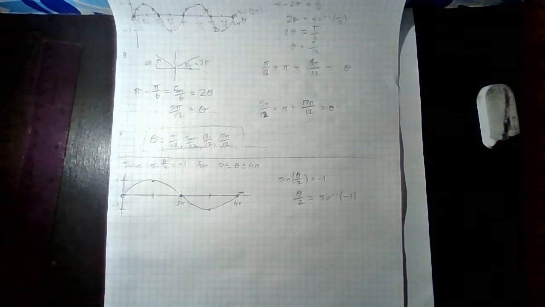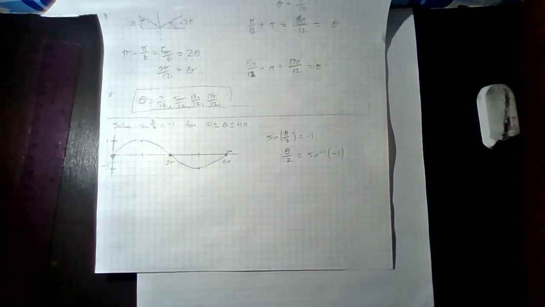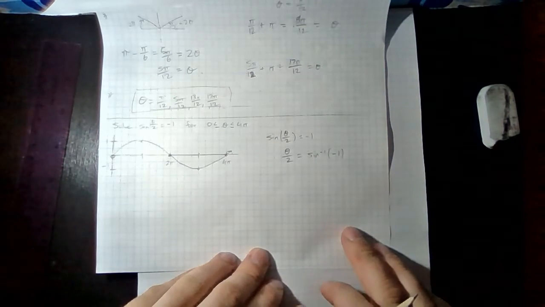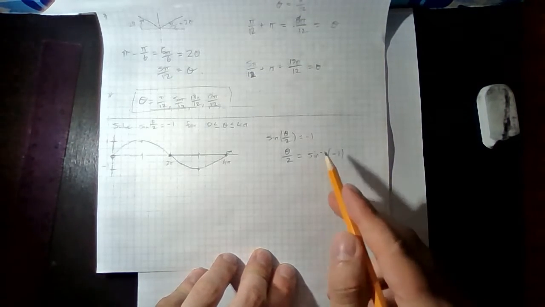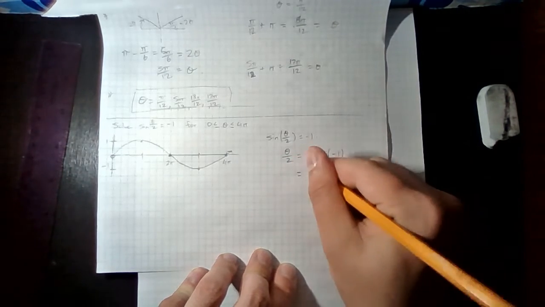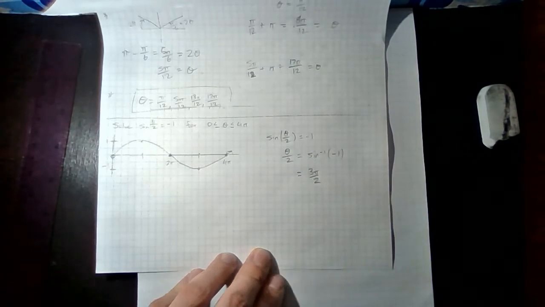From our exact trig functions, we talked about special triangles, but also what happens at sine of pi over 2, cos of pi over 2, sine of 3 pi over 2, and so on. Sine is equal to -1 when the angle is 3 pi over 2.